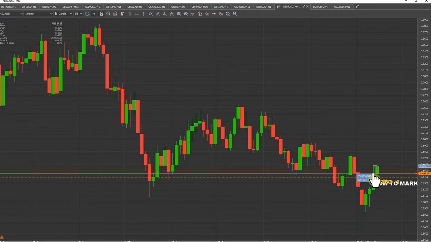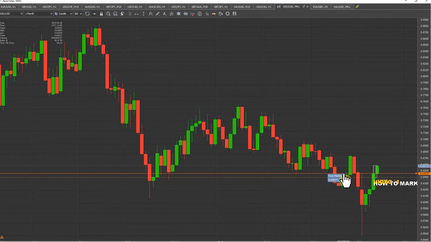If you go across the chart and go further left, you can see that this level was first created in December prior to the current month, which is June. If you go across more, you can see this level was also touched in September, and there's a significant reaction in price each time this level is touched.